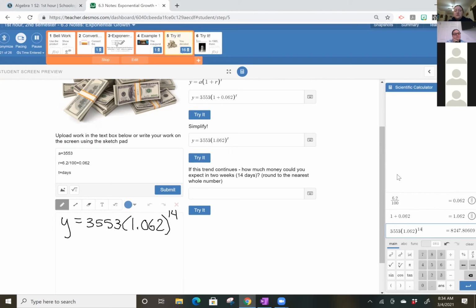Now it says round to the nearest whole number. We have a 0.8. Is 8 higher than 5? Yes. So then I'm rounding that 7 to an 8. So it's going to be $8,248.